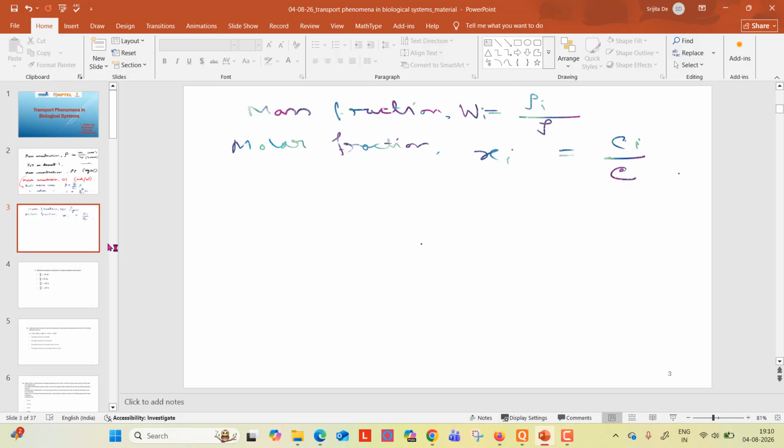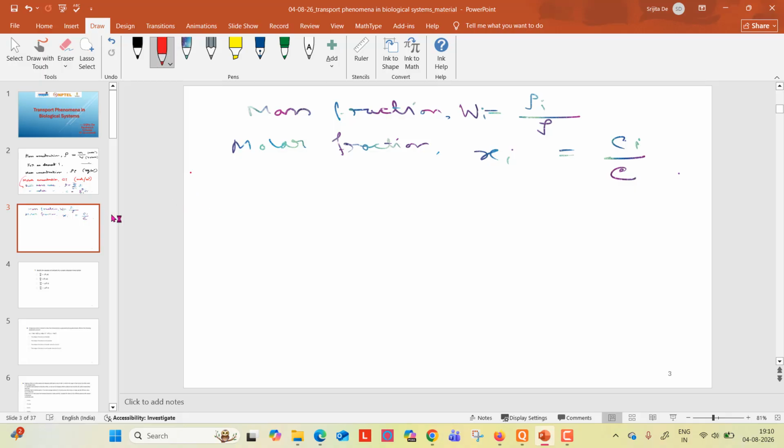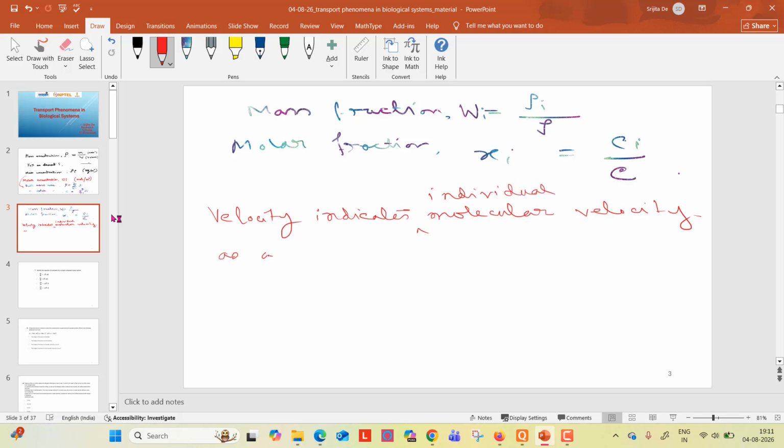Now I will define the mass average velocity. So here velocity indicates molecular velocity, like individual molecular velocity, as well as bulk velocity, right?